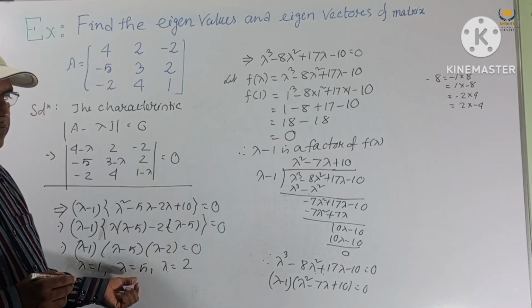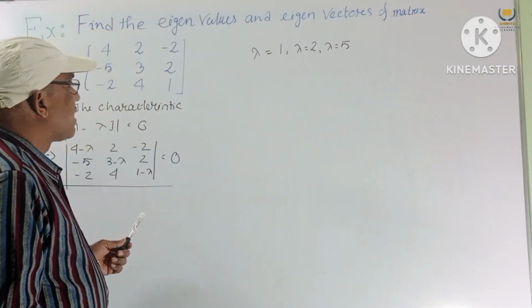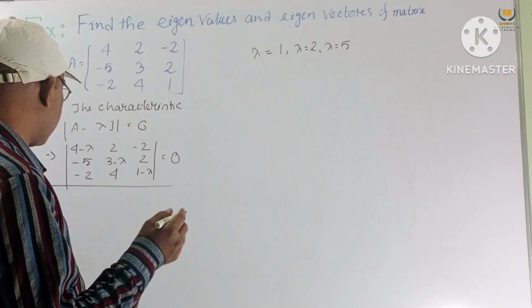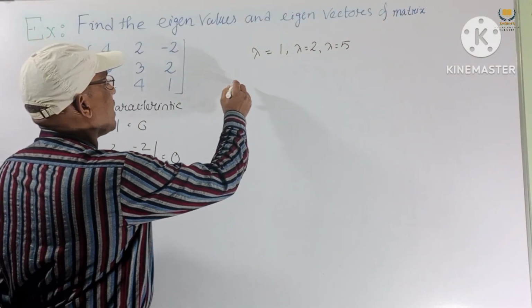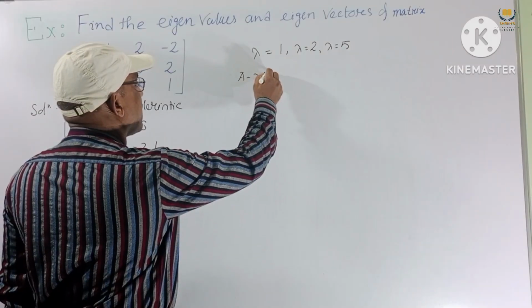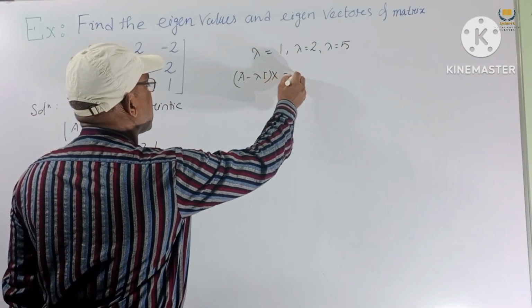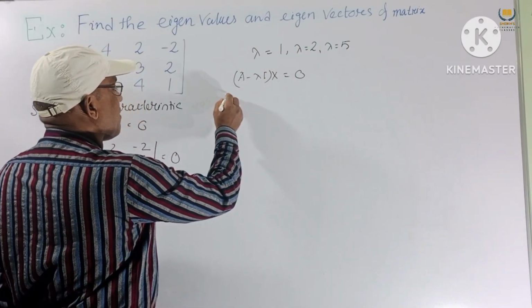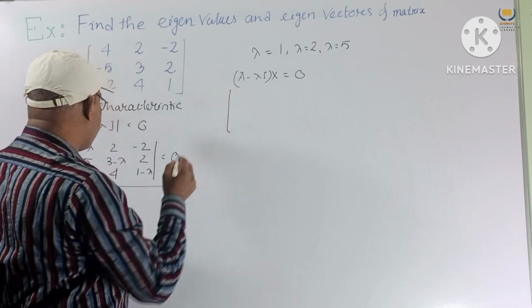These are the eigenvalues. Next you have to find eigenvectors. So eigenvectors you have to find in this way: A minus lambda I, x equal to 0. So A minus lambda I, we know this value.